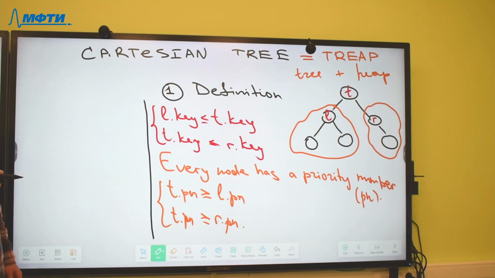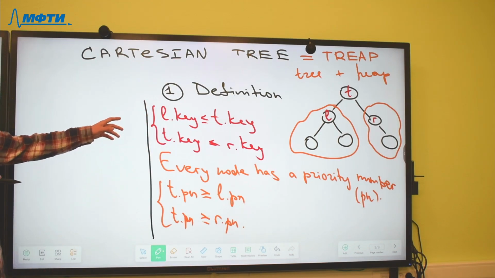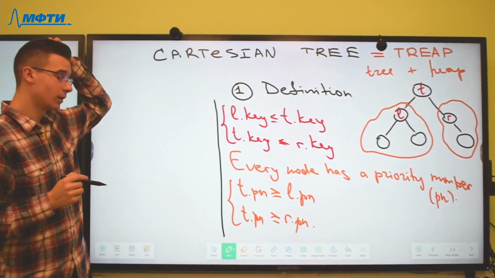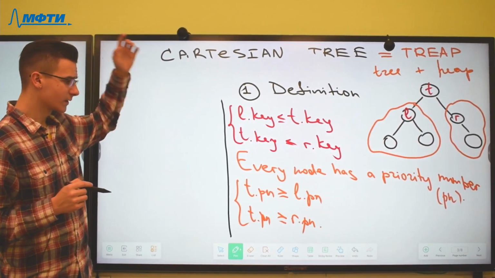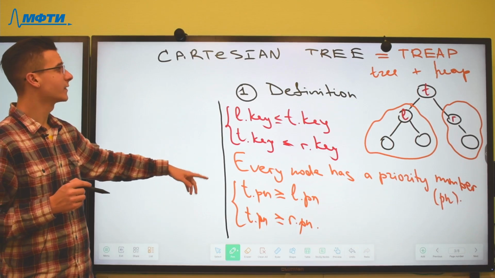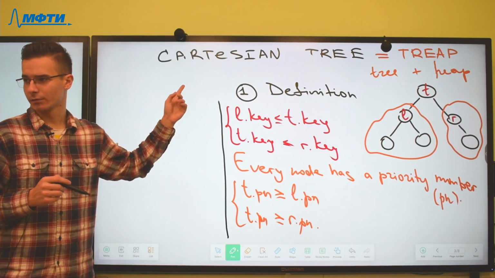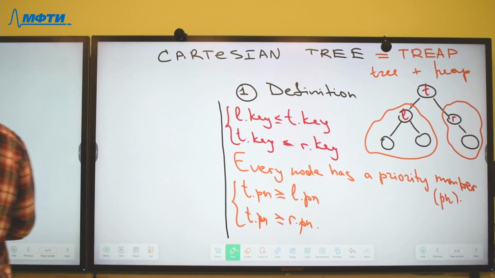So if our structure has these two properties, we say that it is a Cartesian tree. Okay, I write it.